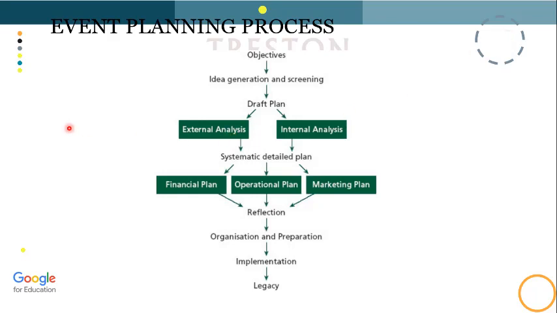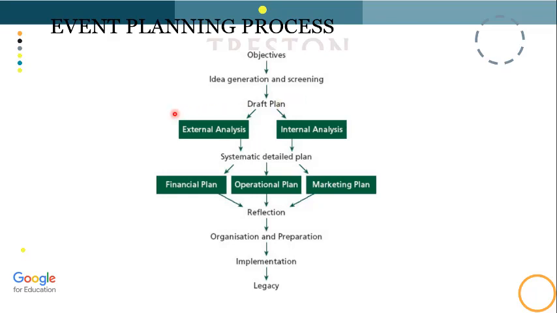Now, if you look at this slide, this is the event planning process. You would see a flow chart wherein an event should have an objective. Every event starts with an objective, and with that objective you generate an idea or ideas. One of the practices being done here is brainstorming, wherein you put a group of people together to think of a concept for your business or your event, and then you screen what you think is best for the event, and then you draft a plan.